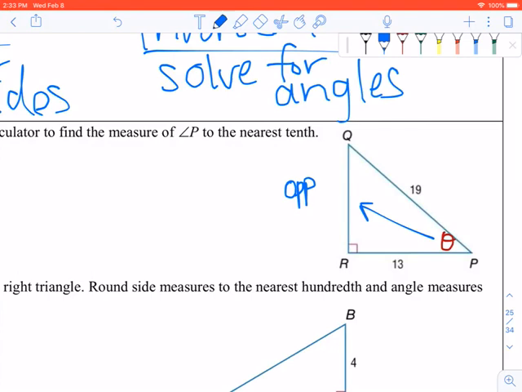I'm given the adjacent side, and the hypotenuse across from the right angle. Notice how on this one I'm given two of the sides. If I wanted to find the third side, I would use the Pythagorean theorem. But if I want to find the angle, I have to use SOHCAHTOA, because I can't use the Pythagorean theorem to find an angle.